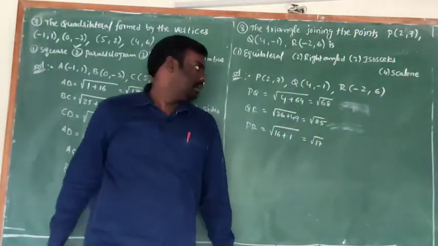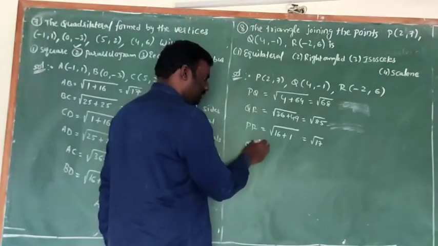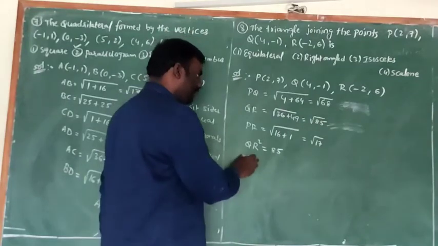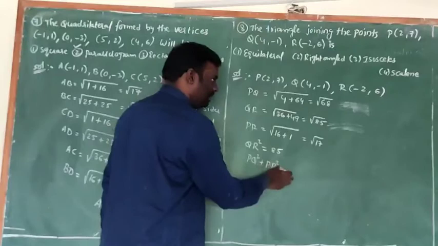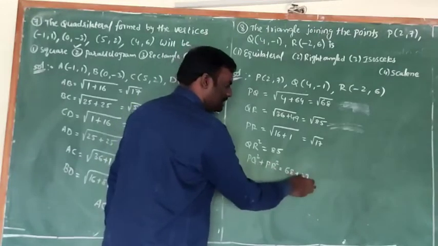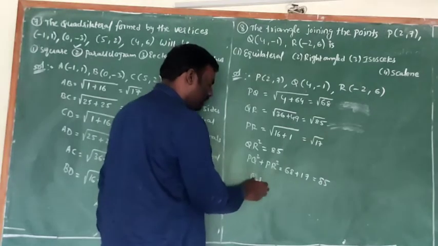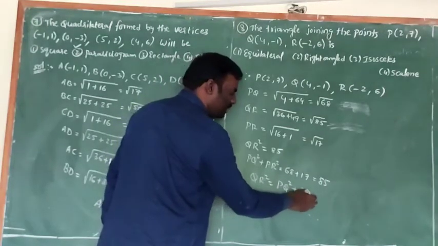Okay. Next I am doing QR square, that is 85. I am finding PQ square plus PR square, 68 plus 17, that is 85. Finally what we got? QR square is equal to PQ square plus PR square.